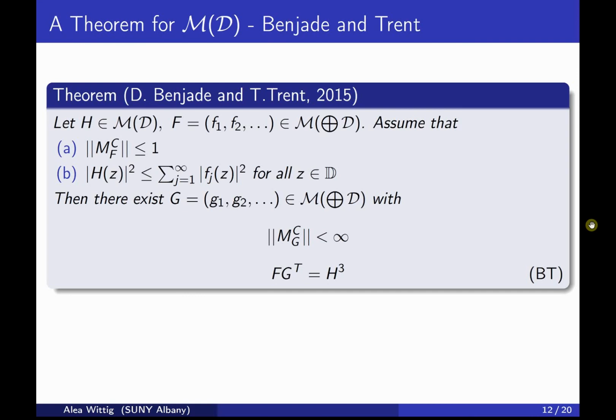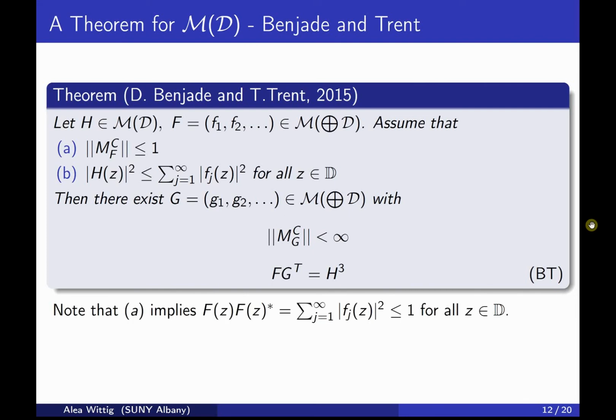We assume that conditions A and B are satisfied, and that implies there exists a G in the multiplier algebra of the L2 Dirichlet space with bounded operator norm such that F G transpose is equal to H cubed. Note that A implies F F star is less than or equal to 1, and B is just like in Wolff's ideal theorem.